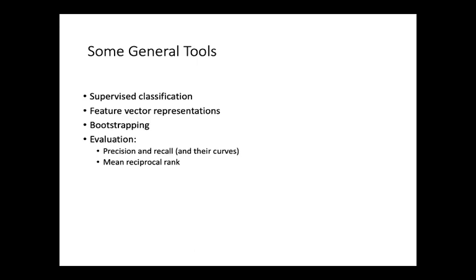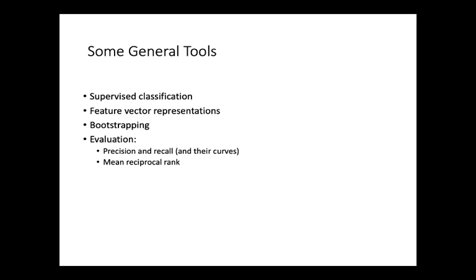So this is one type of classification, supervised classification. And we'll have a whole lecture on classification. In fact, I think two. One on traditional machine learning models of classification, and one on neural classifiers. And all of these have their place.